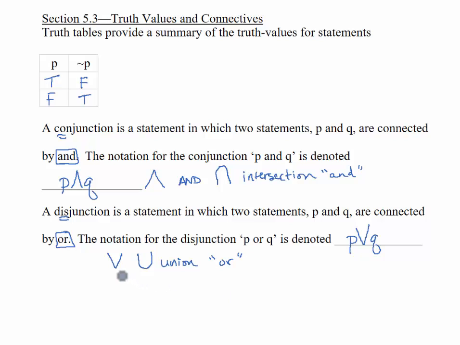So that's how I keep them straight. Union and or, disjunction go the same direction. Conjunction and intersection both point up.